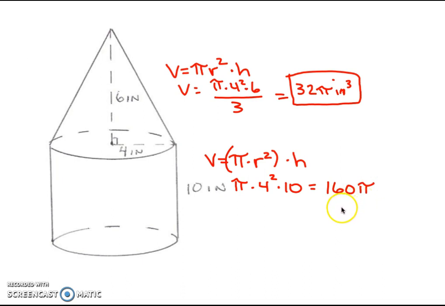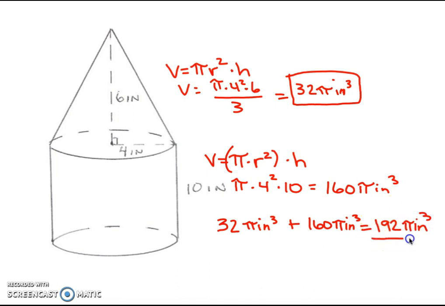Since we are trying to find the whole volume, you need to take your 32 pi inches cubed from your cone and add that to your 160 pi inches cubed, for a total of 192 pi inches cubed.